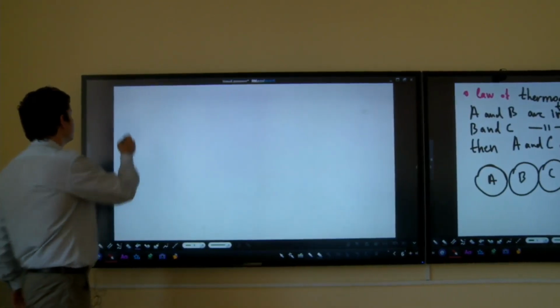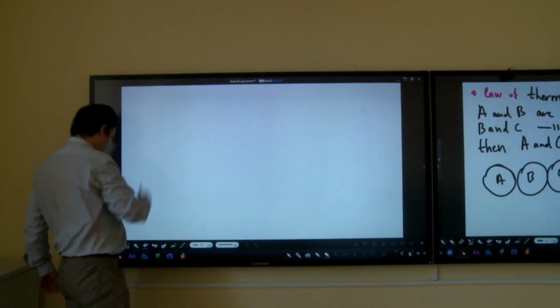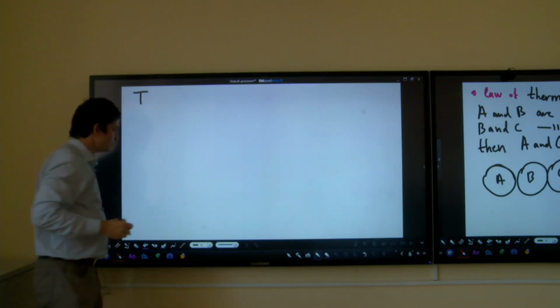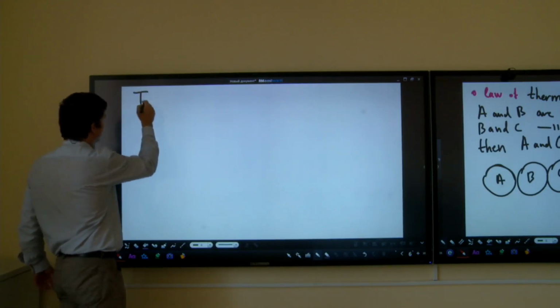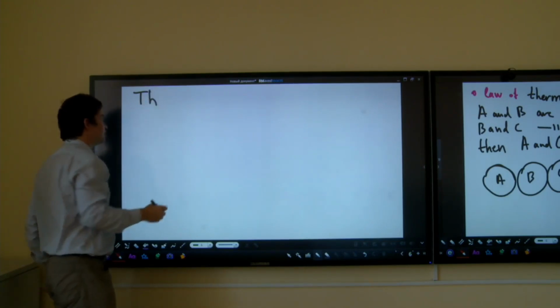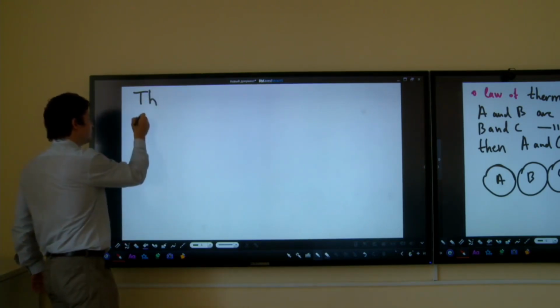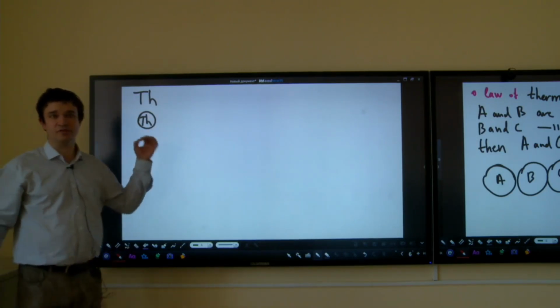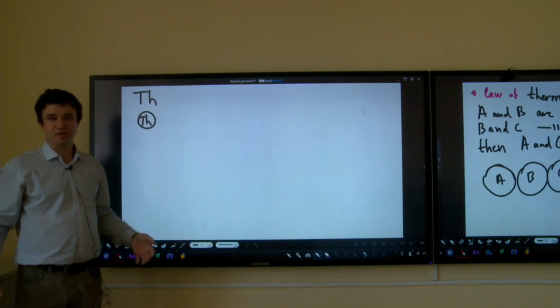So now we're going to another system, system TH. Bring it in contact with any other system.